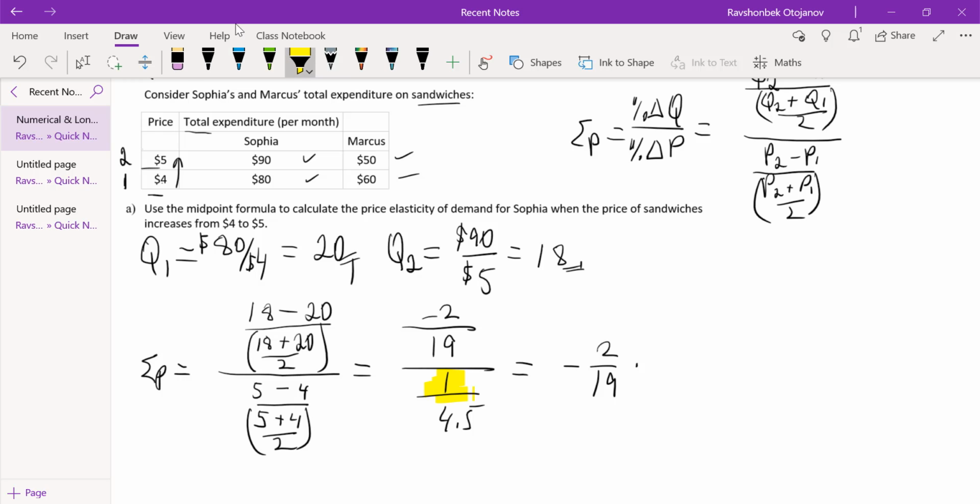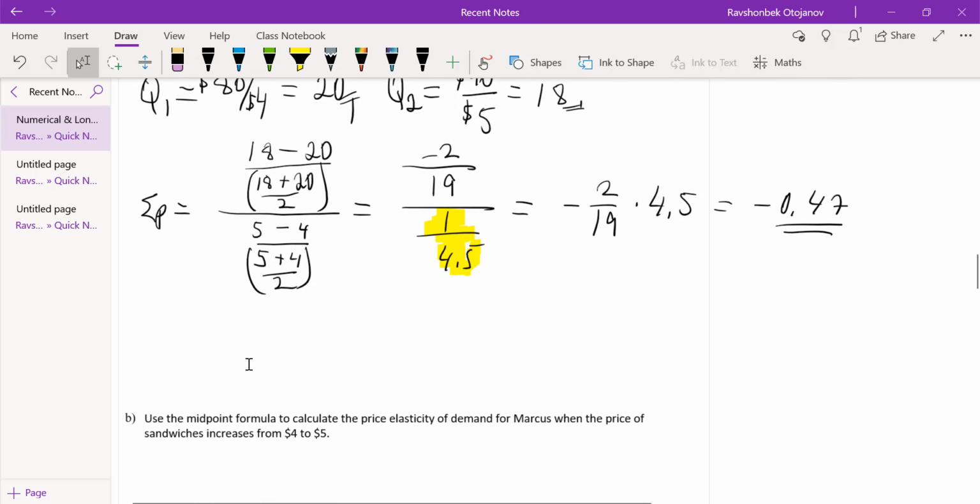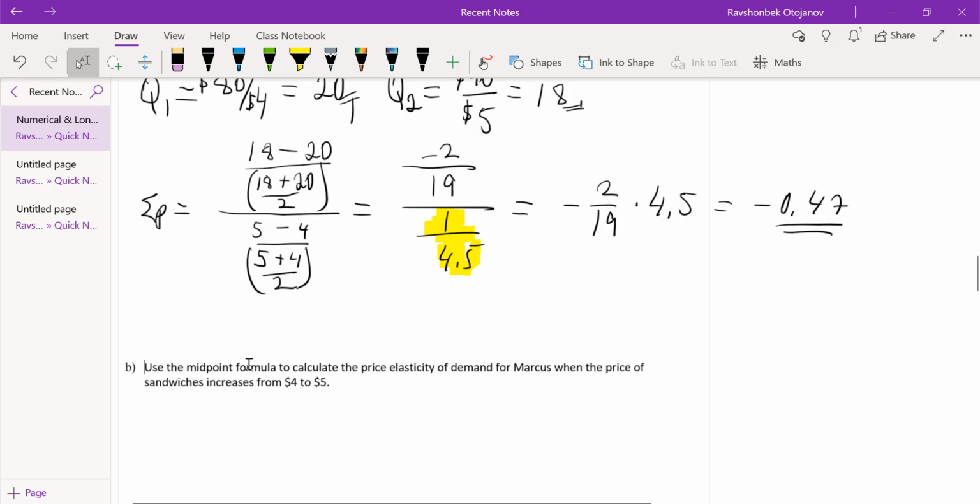So this whole ratio will basically flip and gives us something like 4.5, yeah, something like that. So that's going to be roughly 0.47 here. So this is inelastic demand, yeah. So Sophia has an inelastic demand for sandwiches. So moving on now to the next one.